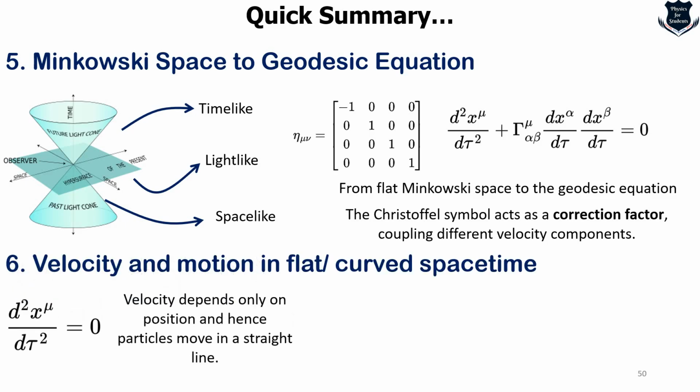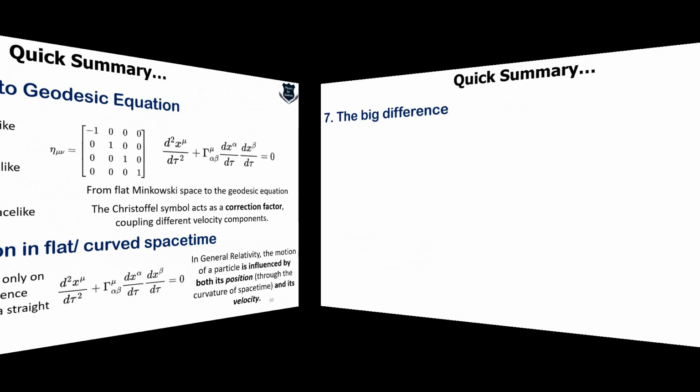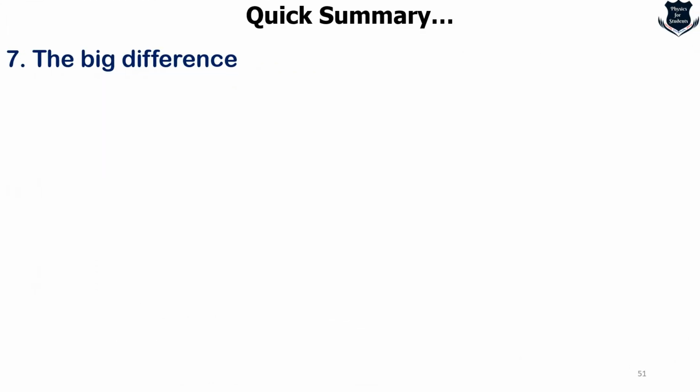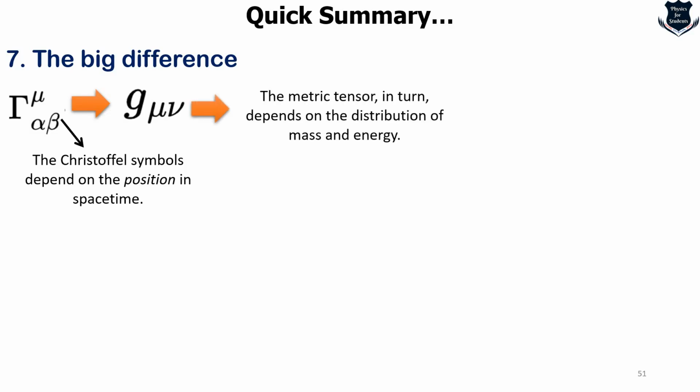Velocity and motion in curved space: we have seen that in flat space velocity depends only on position, hence things move in a straight path, but here it is influenced by both position and velocity. And the biggest difference, I would say, is that the Christoffel symbols depend on the position in space-time. These are calculated from the metric tensor, g mu nu, and the metric tensor in turn depends on the distribution of mass-energy and curvature.